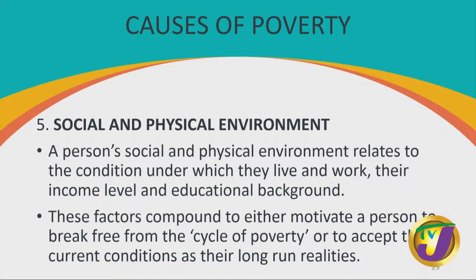So a person's social and physical environment relates to the conditions in which they live and work, and their income level and educational background. What you'll find is that sometimes these factors compound either to motivate a person to break free from that cycle of poverty or to accept their current condition as their long-run reality.